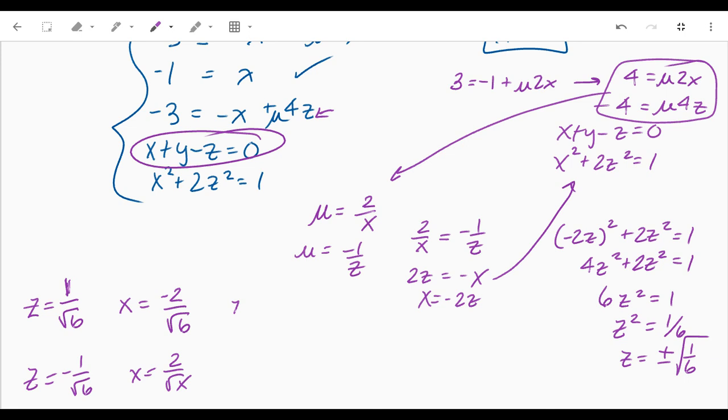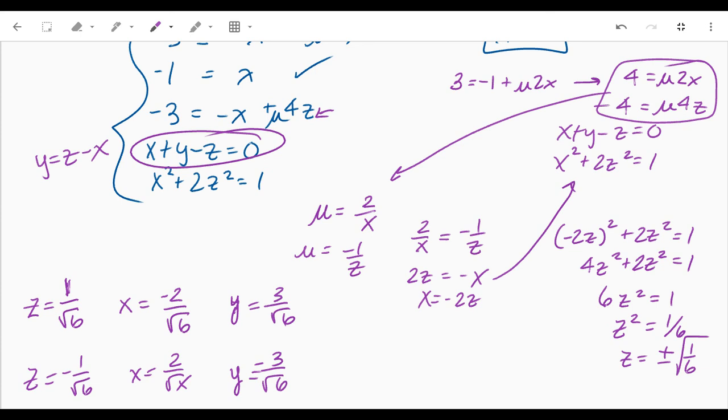Y would be z minus x. So in this one, y would be z minus x, so 3 over the square root of 6. And for this one, z minus x would be negative 3 over the square root of 6. So 2 possibilities there.